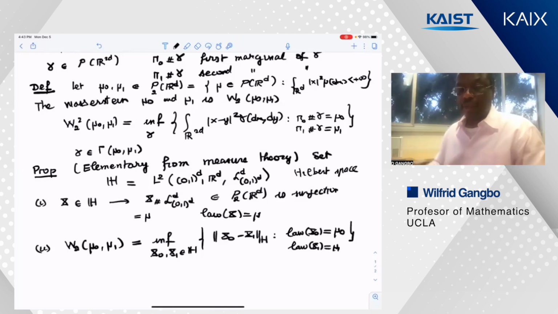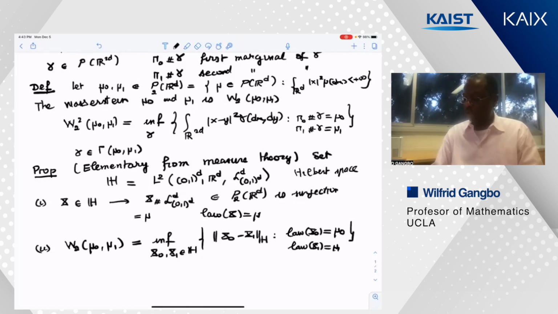And clearly here, it is easier to check that what we define, what we meant to be a metric, will satisfy the triangle inequality.